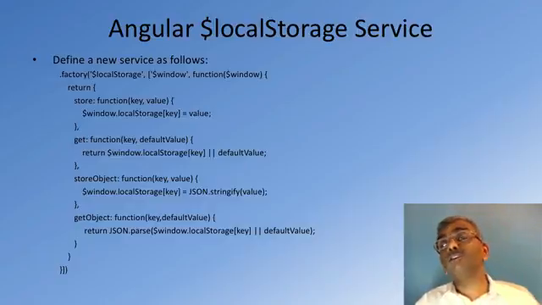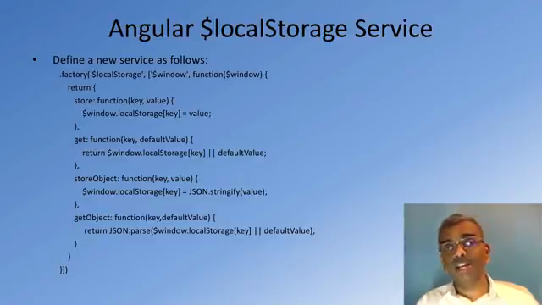Similarly, you can also store and retrieve JavaScript objects. Now, as I mentioned in the previous slide, to store a JavaScript object, you need to first convert that into a JSON string. So that is exactly what we are doing here. We are using the JSON stringify method to convert the JavaScript object into a JSON string before storing that in your local storage.